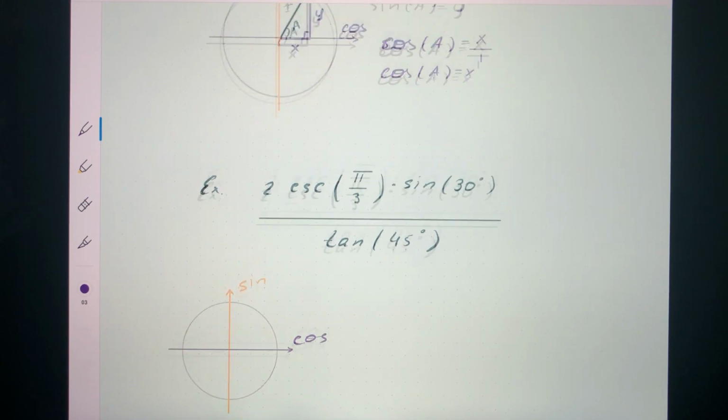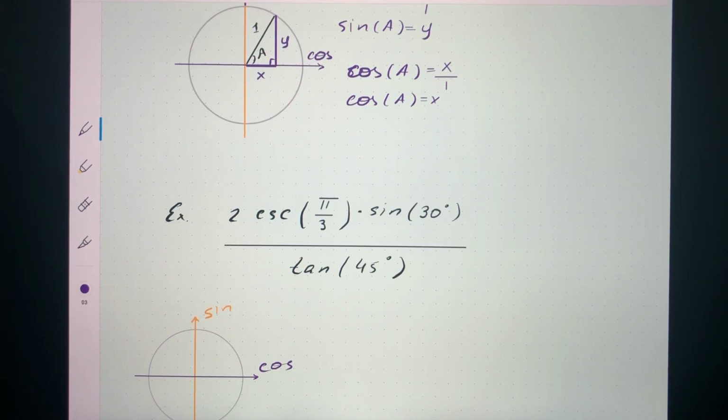But we do remember that cosecant is the same as 1 divided by sine. We also remember that to convert between the degrees and radians, all we need to remember is that pi is 180 degrees. And if we take 180 divided by 3, we are going to get 60 degrees.